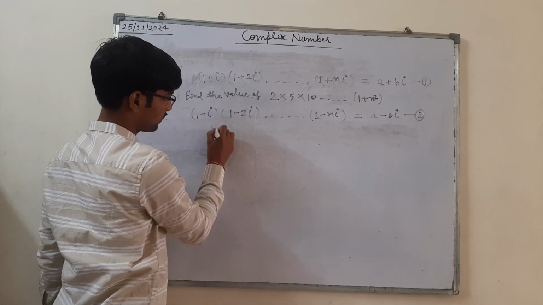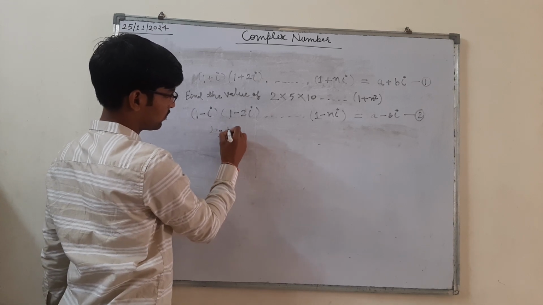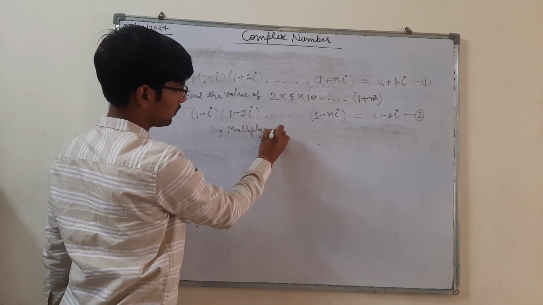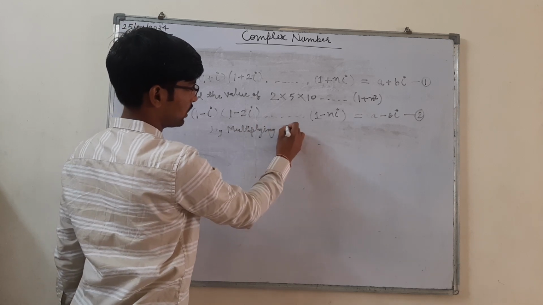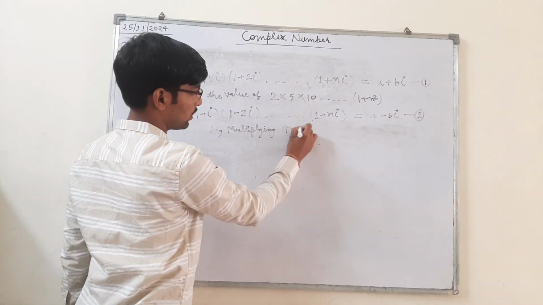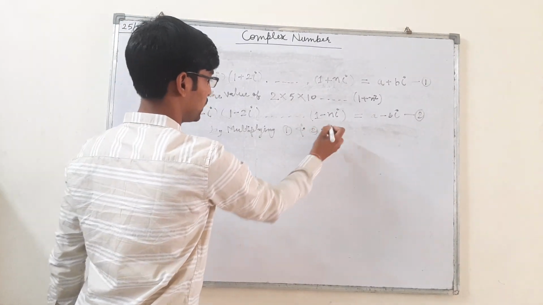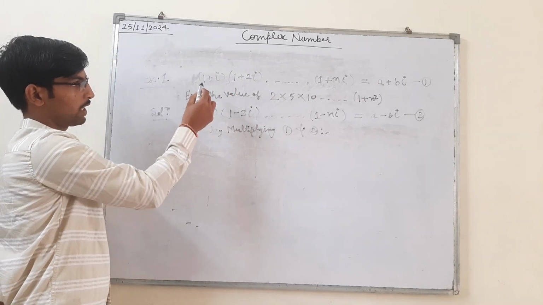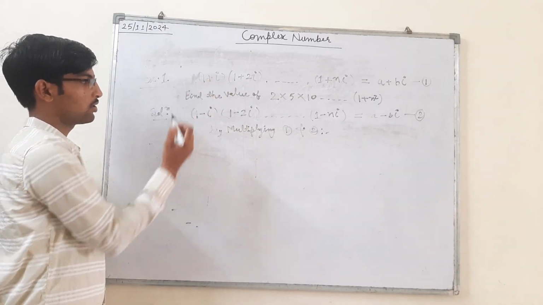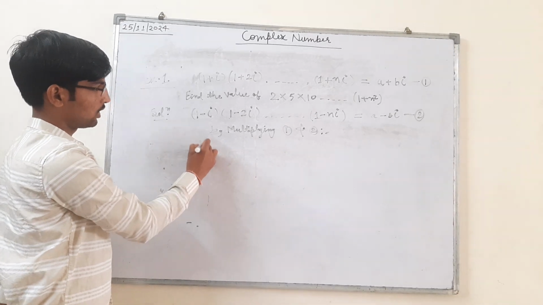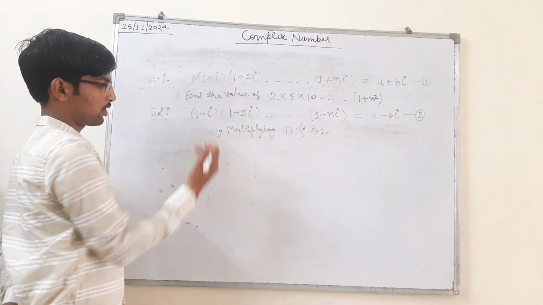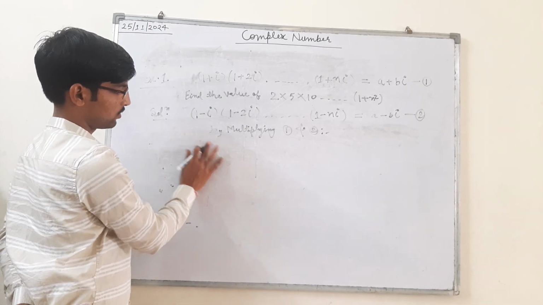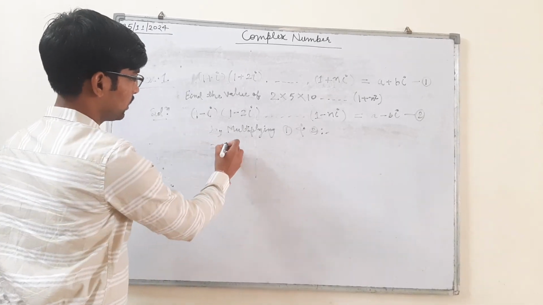Now by multiplying equation 1 and 2, we get: 1 plus iota times 1 minus iota is equal to 1 square minus iota whole square. 1 squared is 1, and iota squared is minus 1, so minus minus becomes plus 1. This equals 1 plus 1, which is 2.